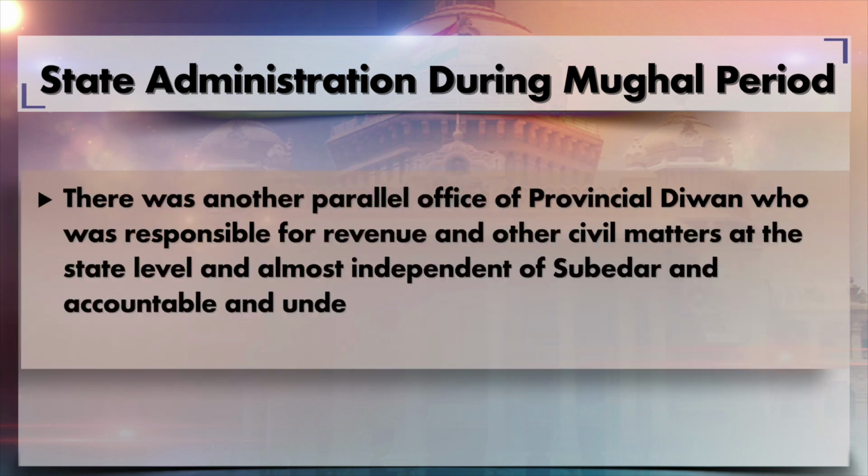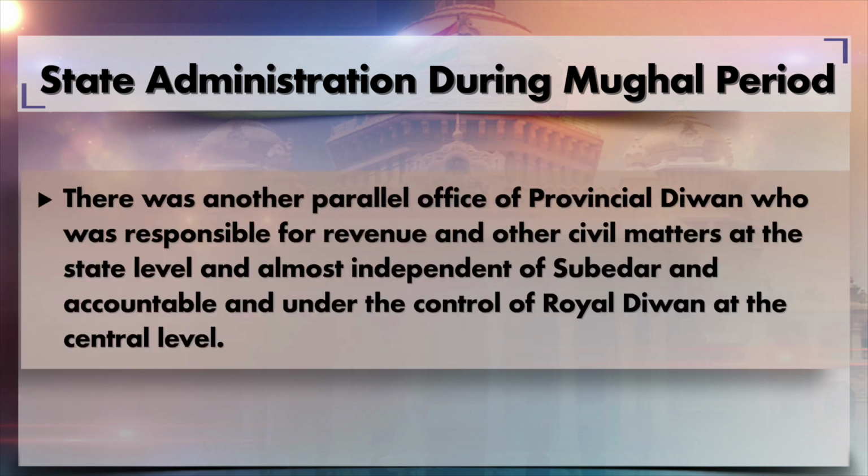There was another parallel office of the provincial diwan. He was responsible for the revenue collection and other civil matters of the state, that is, of the province. Both of these offices, the provincial Subedar and the provincial diwan, were independent of each other but accountable to the king.